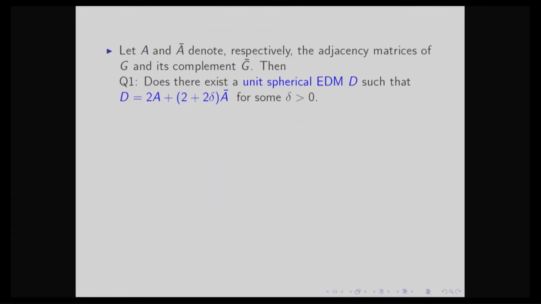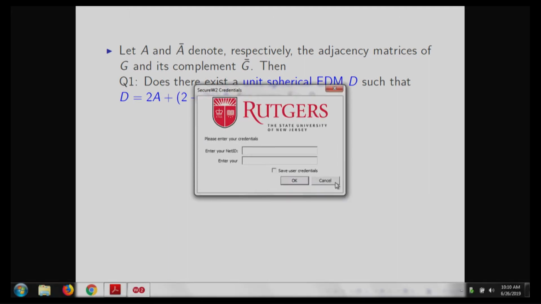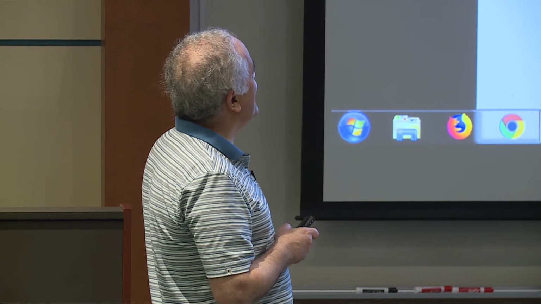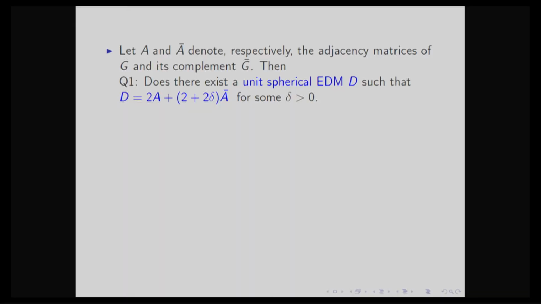So in EDM notation, if A is the adjacency matrix of the graph and A bar is the adjacency matrix of the complementing graph, then question 1 is nothing but the question: does there exist a unit spherical EDM, so radius 1, such that D is equal to this?